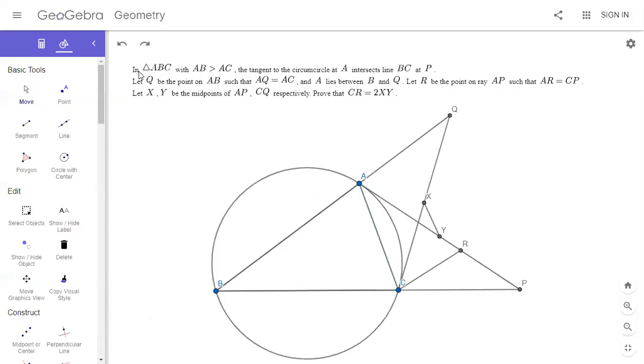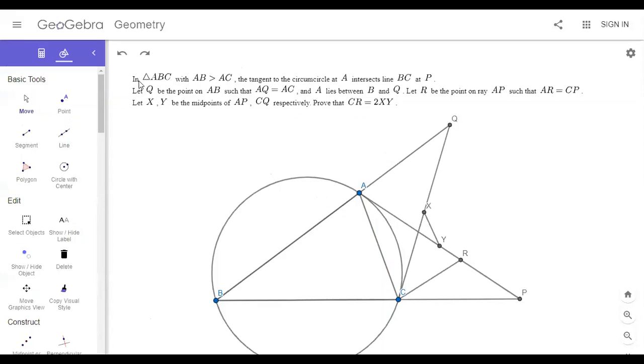I'm sorry, Kay, were you trying to say something? Kay, I'm sorry if I missed what you had to say. Oh, all right. Can you define CQ intersect AP? I could.